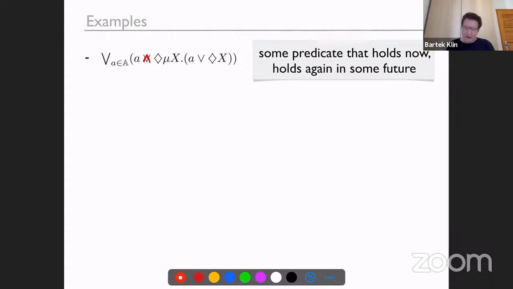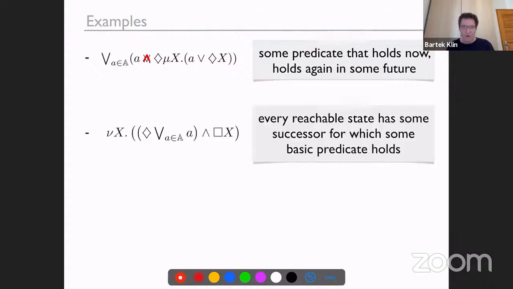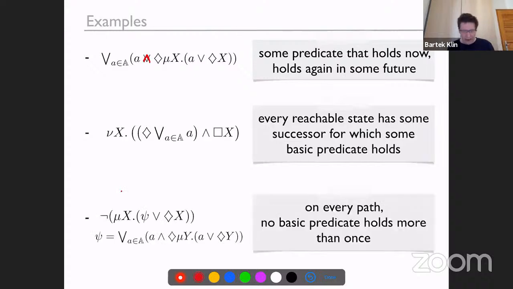This says every reachable state has some direct successor for which some basic predicate holds. Finally, this says on every path, no basic predicate holds more than once. So this is the kind of property that I can express with this syntax.